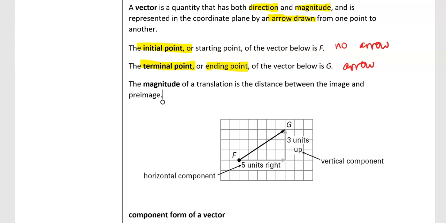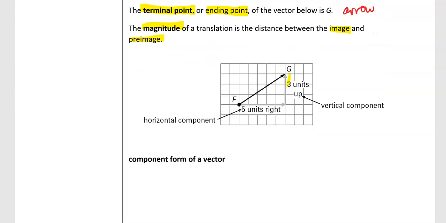Now, the magnitude is the distance between the image and pre-image. So it's kind of like a length. There's also going to be this horizontal component. So you can see that's sort of like what we just did with our Pythagorean theorem. So in this case, this vector is going to the right 5 and it's up 3. So that's your vertical component, of course, is the value moving up.